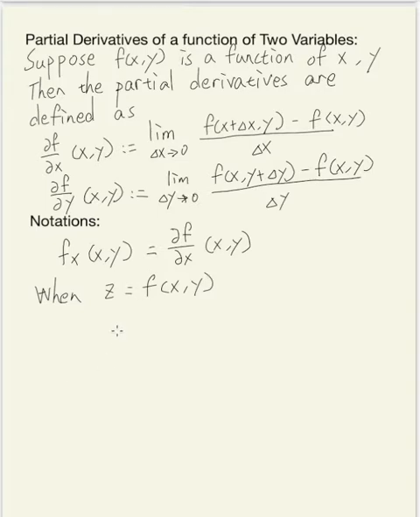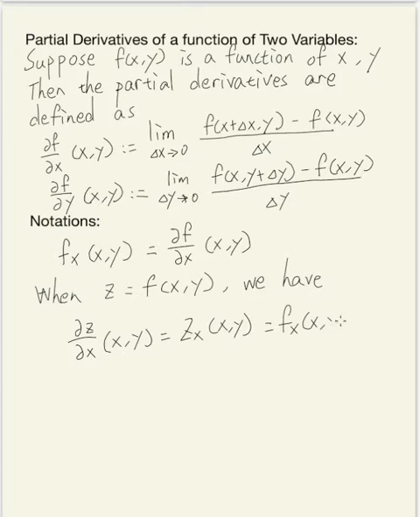And when that's the case, we sometimes also write dz dx evaluated at x and y, or z sub x at x and y. These are all equivalent. They are once again the same as f sub x and df dx.